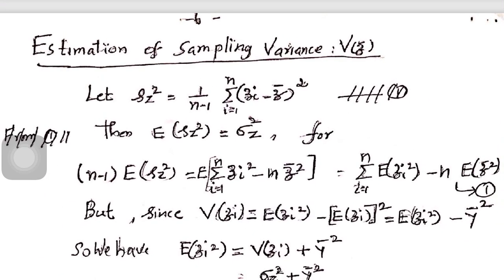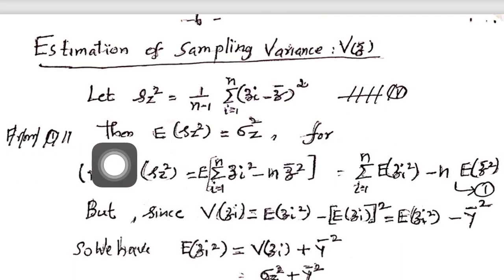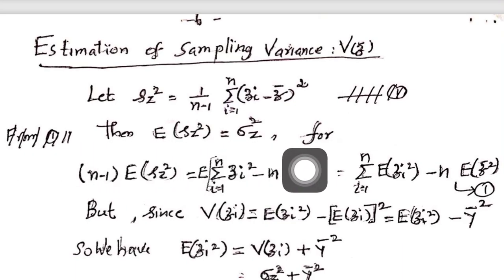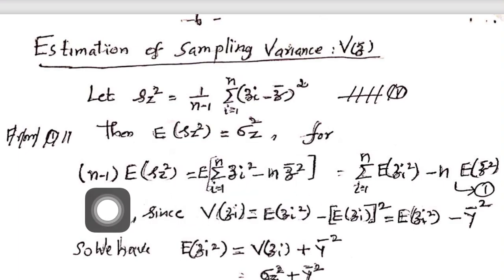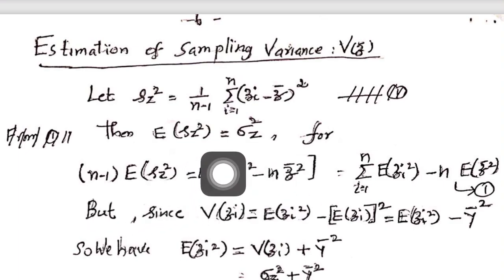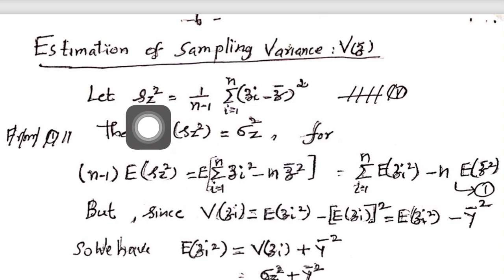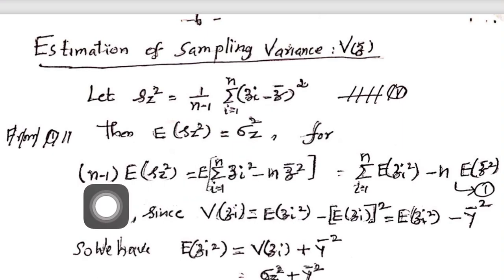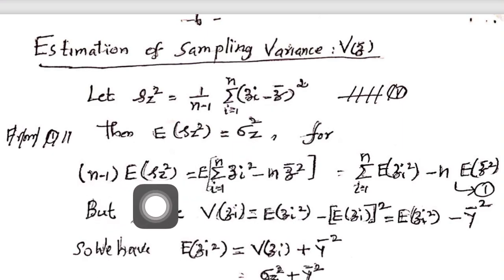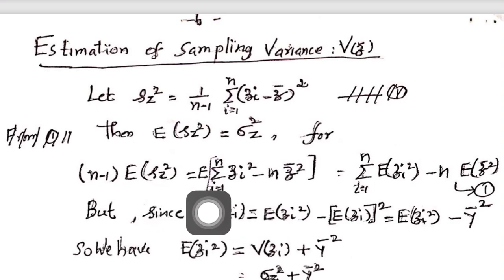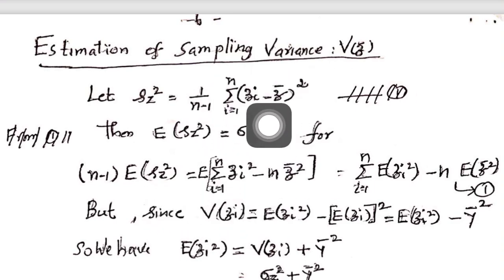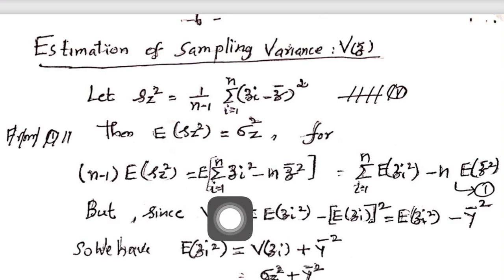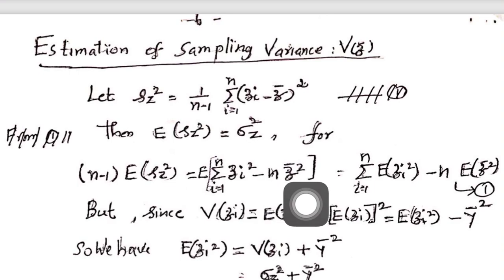Okay, now to prove this, we have to show this, and the proof is given here for n minus 1 into expectation of s z square. Here, n minus 1 into s z square is the right hand side. If we take expectation, n minus 1 into expectation of s z square is equal to the expectation of this quantity, and that you can write as expectation of sigma i equal to 1 to n zi square minus n into z bar square.